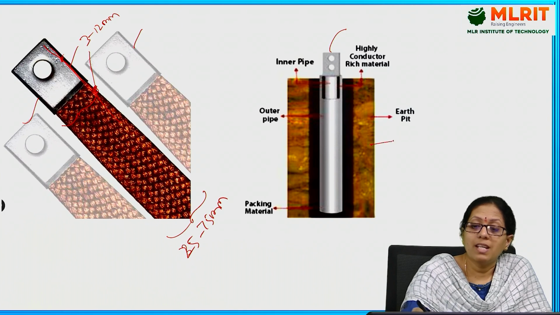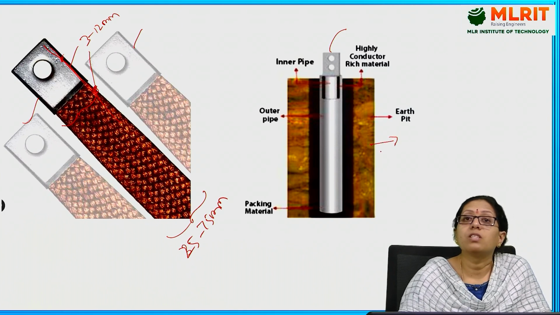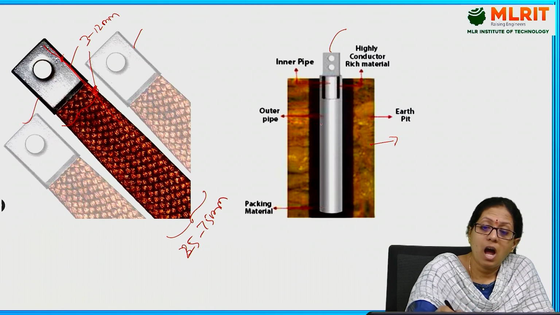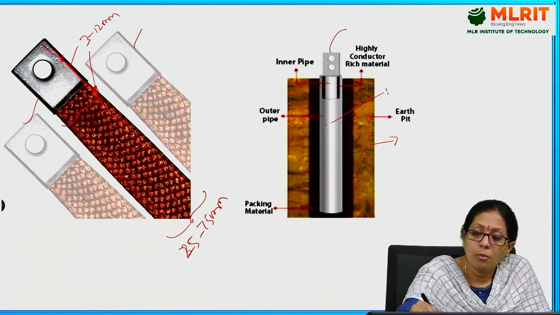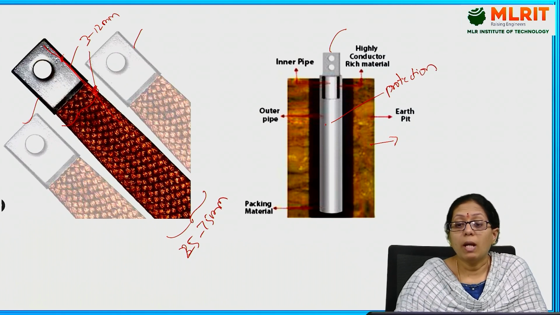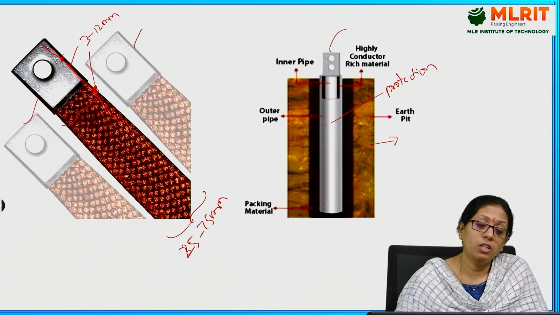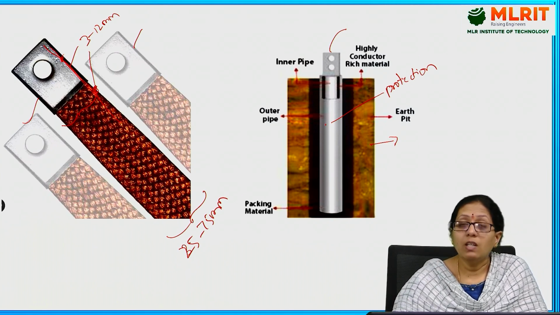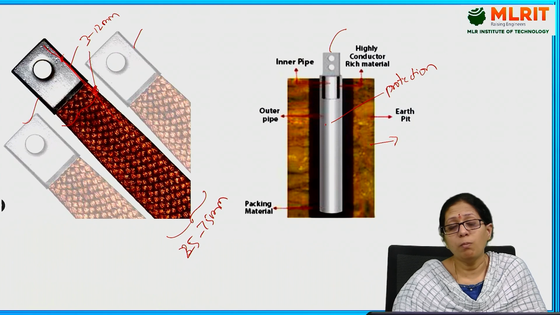This is called an earth pit. And this is the outer pipe. This is for protecting the strip, so a pipe is being placed. We need to first dig the earth at least 10 meters deep, and after digging we need to place the pipe, and inside the pipe we need to place this strip.